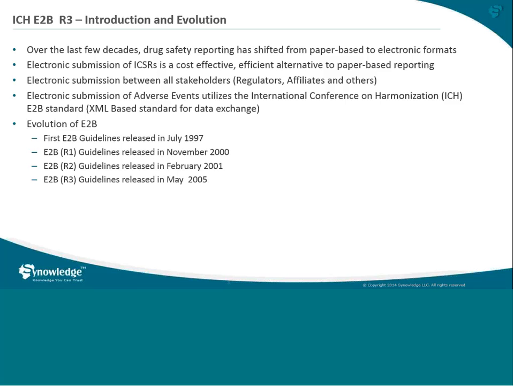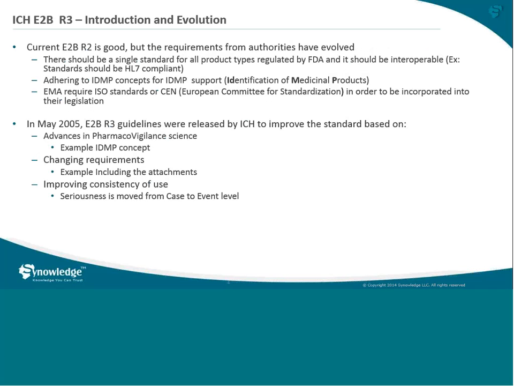The R3 guidelines were released in May 2005. Carrying forward, the E2B standard, which is also called R2, is good in its current format, but over the period of time, the requirements from authorities and all the stakeholders who are involved in the reporting have evolved.